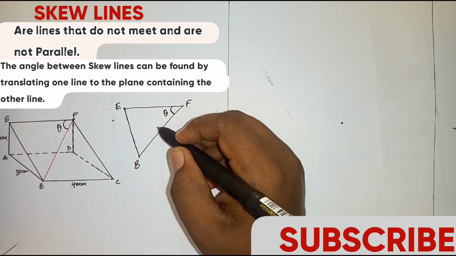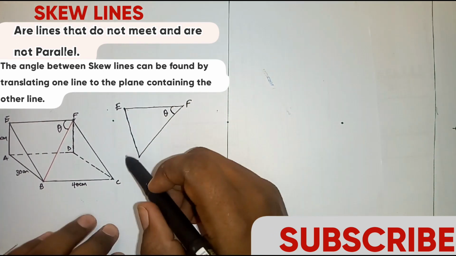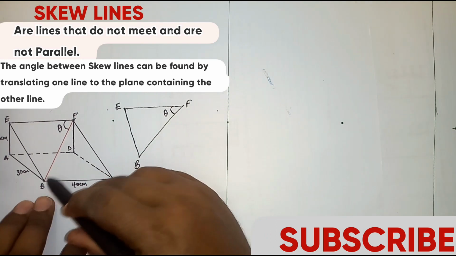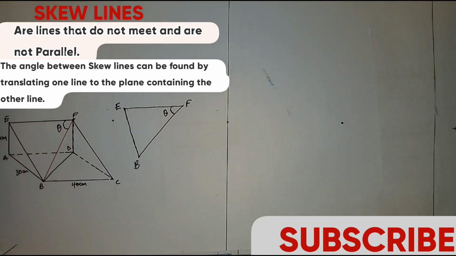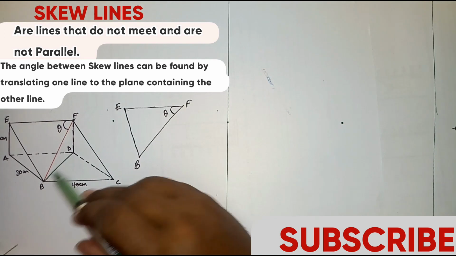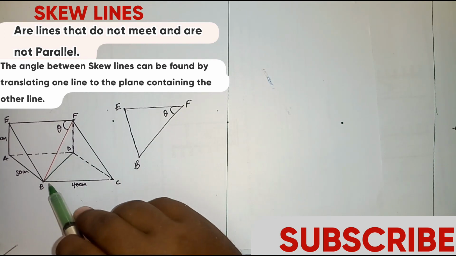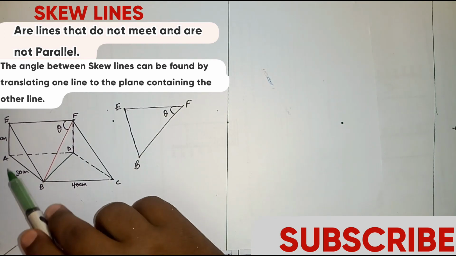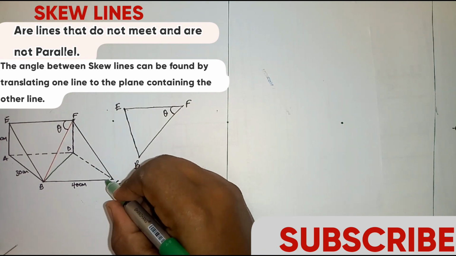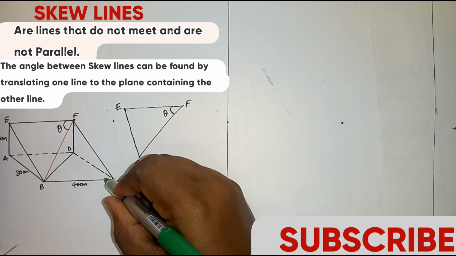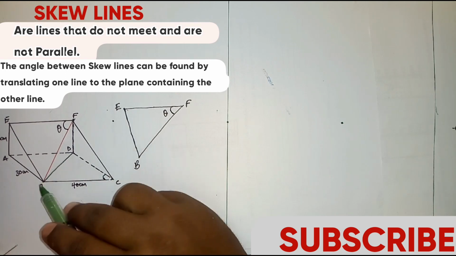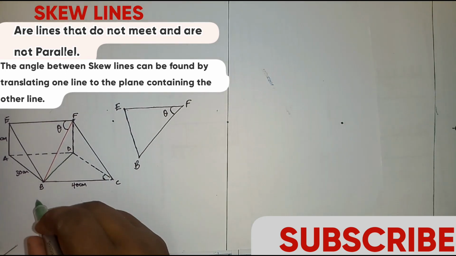So how can we get angle F? To get BF, we first have to get line BD. And how can we get BD? As you can see, the base plane ABCD is a rectangle, so it is 90 degrees at C. So BD now becomes the hypotenuse.